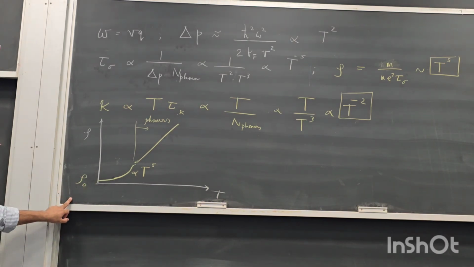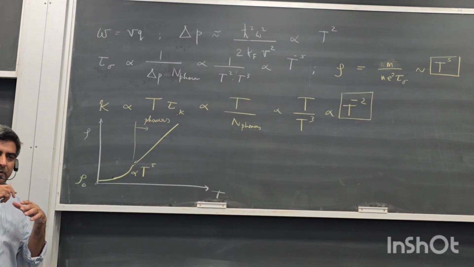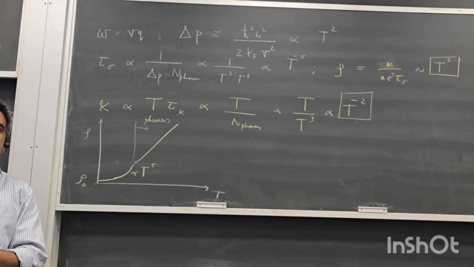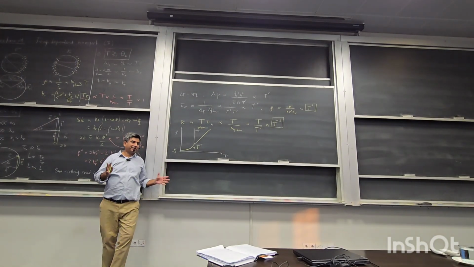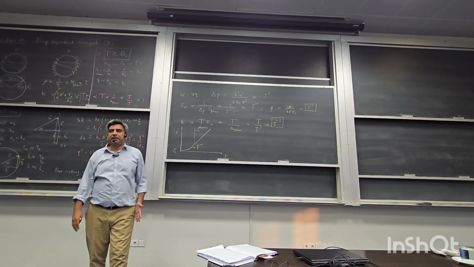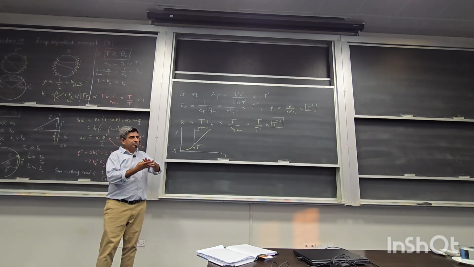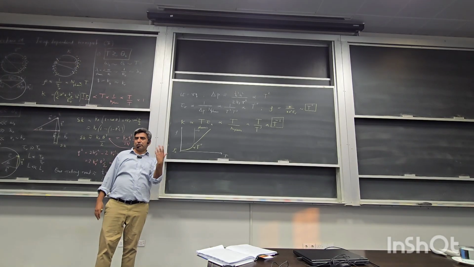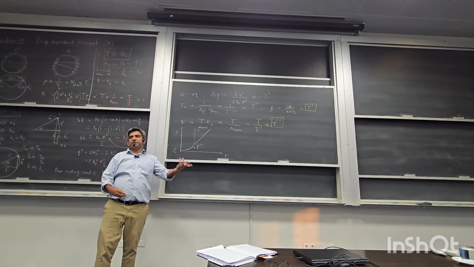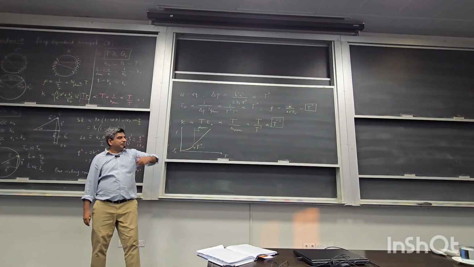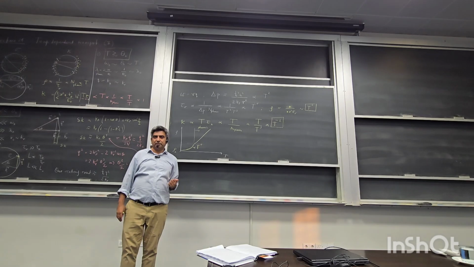This rho naught is due to impurities inside the system, ionic impurities in the system. You cannot make a pure substance, so there will always be impurities. And those impurities can be of different kinds. So you can have an ionic lattice. Say, if you're looking at copper, you could have one copper ion replaced by a zinc ion, or one copper ion replaced by, say, a nickel ion. So you can have these impurities.